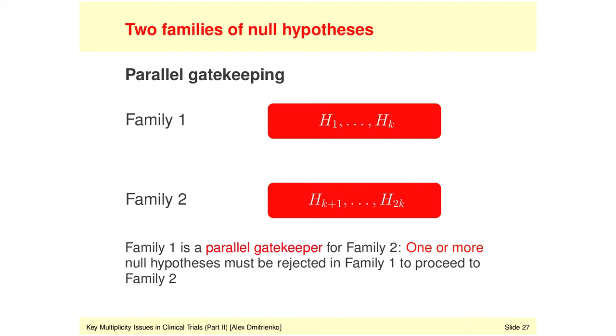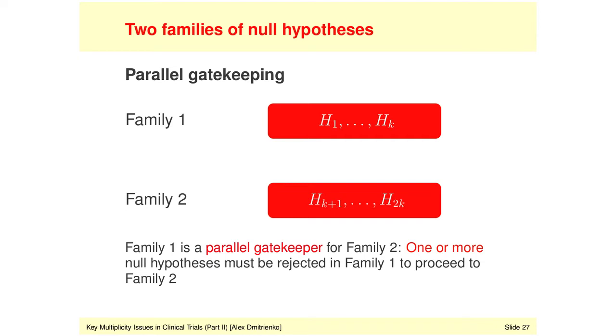All we need to do is to carry out each individual test at the full alpha level. Now, within this section, we're going to take a look at a more flexible testing strategy, and due to this flexibility, we will find out quite soon that we'll need to spend a bit more time on setting up valid multiplicity adjustments that are known as parallel gatekeeping procedures.